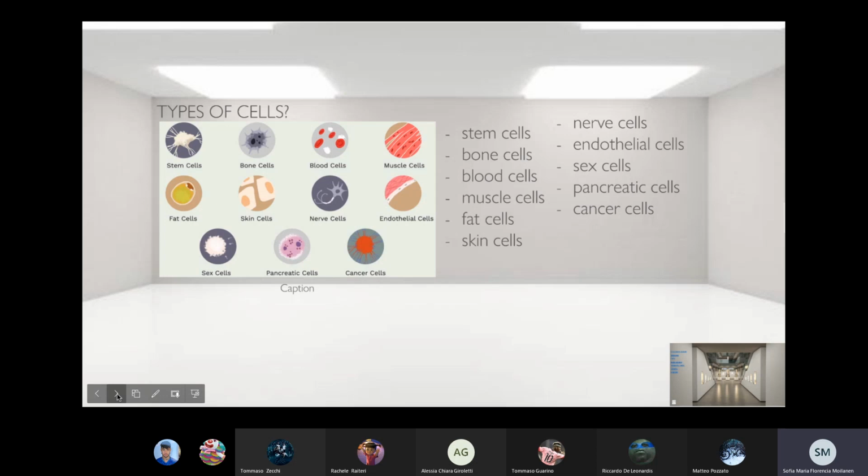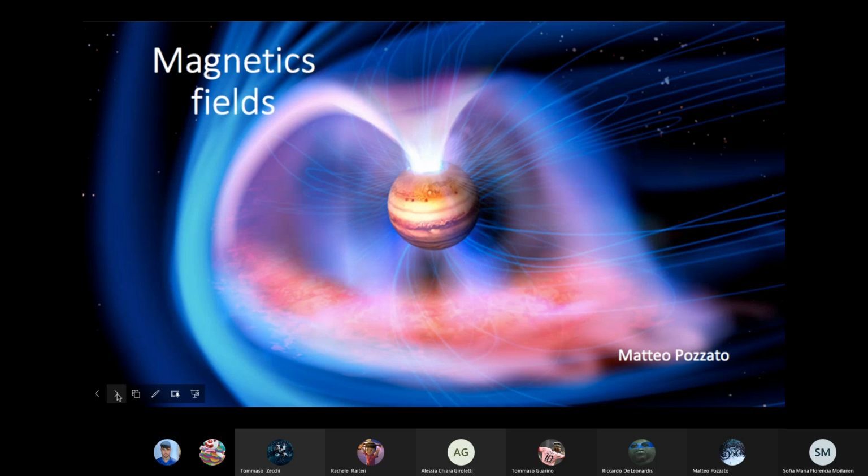Then there are the sex cells, which are also, as I said before, called the parent cells, which are the ones that actually create other types of cells in cell reproduction. And there are the pancreatic cells, which are the ones from our pancreas, and cancer cells, which can also be called tumor cells. So that was it for my part.